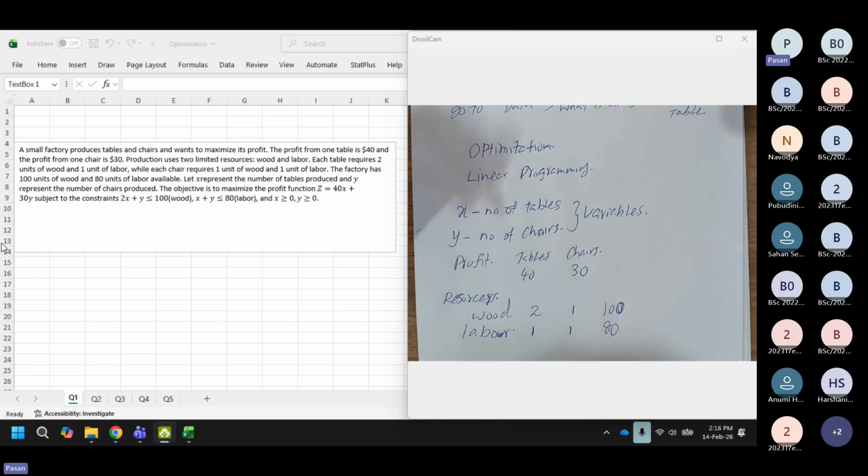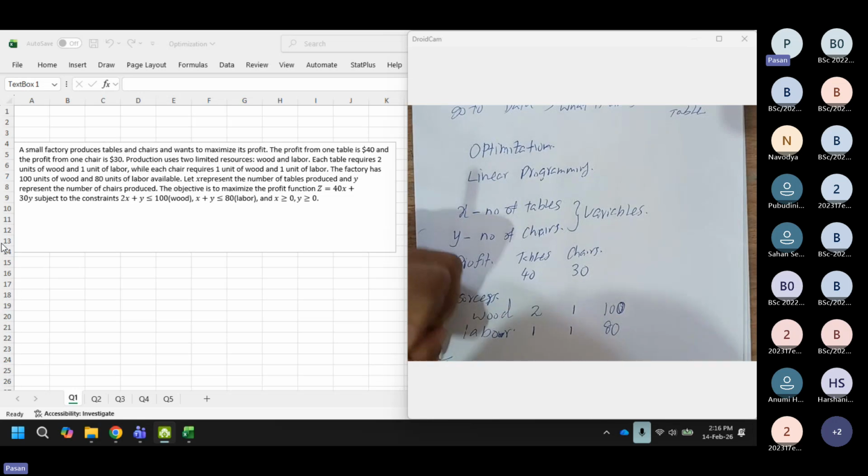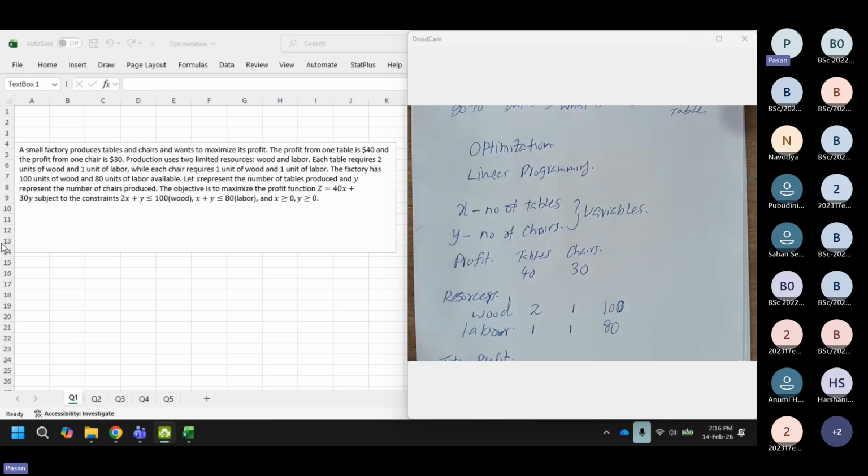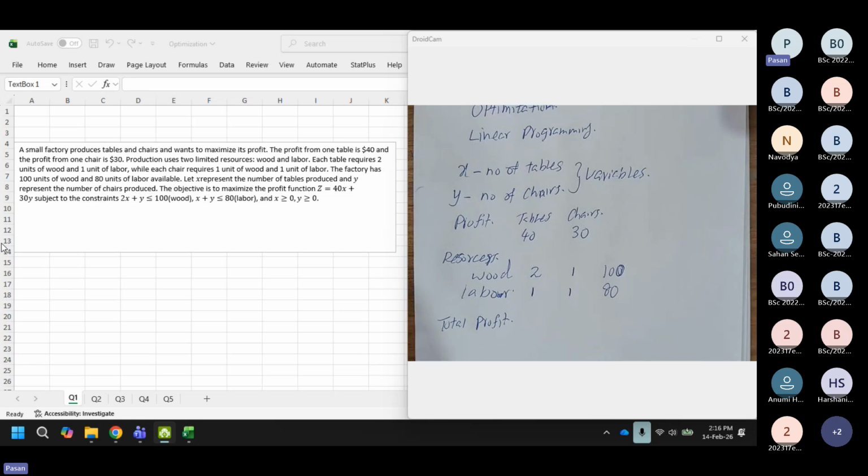So if I produce X number of tables and Y number of chairs, what is going to be my total profit? I can measure my total profit by taking the X number of tables and Y number of chairs that we are producing.